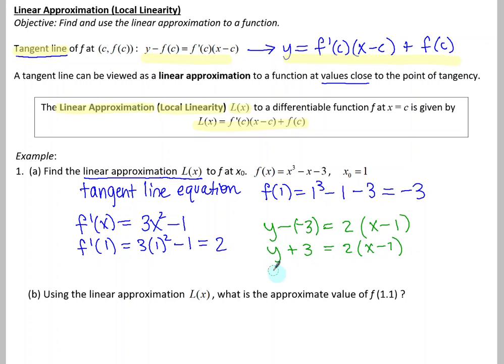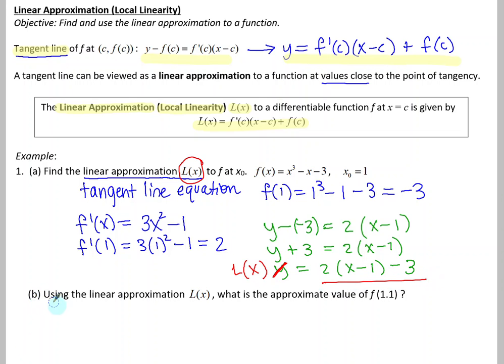And solving for y, we write y equals 2 times the quantity x minus 1 minus 3. Now they say we want the linear approximation L of x, which just means instead of calling this y, let's call this L of x. So L of x, our linear approximation, equals 2 times the quantity x minus 1 minus 3. And there we have it.